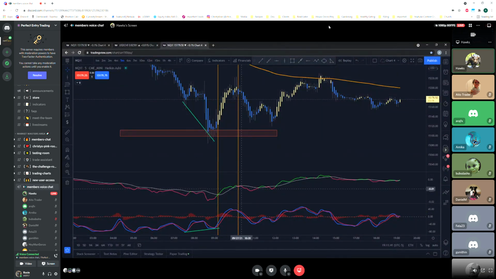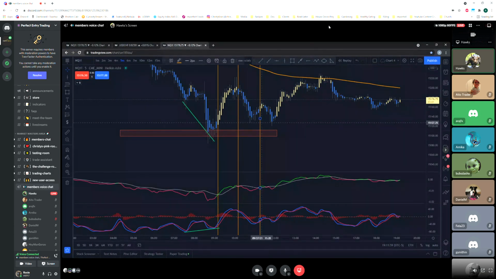This is a good way of practicing and training your eye when you spot these certain areas. Even if, in hindsight here, you see that this really didn't work out so well. Doesn't matter.